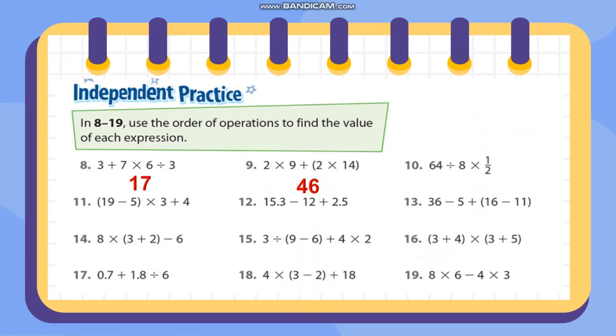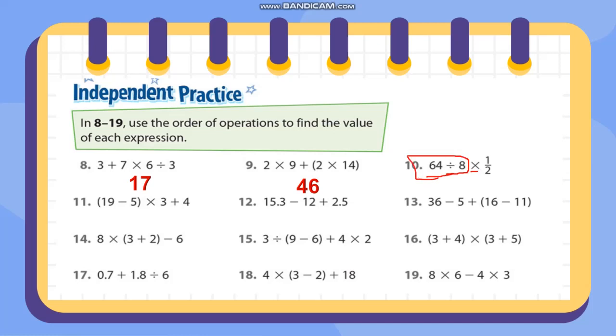Question number 10. So you have two operations, division and multiplication. Following the order of operations, the PEMDAS rule, if the division comes first from left to right, or if the multiplication comes first from left to right, you need to divide first or you need to multiply first. So based on this case, the division comes first, so we need to divide first.